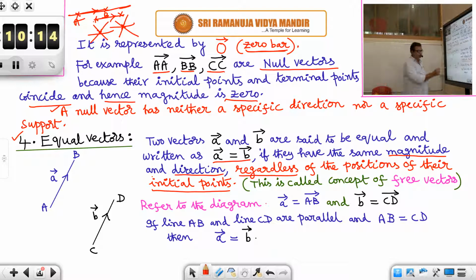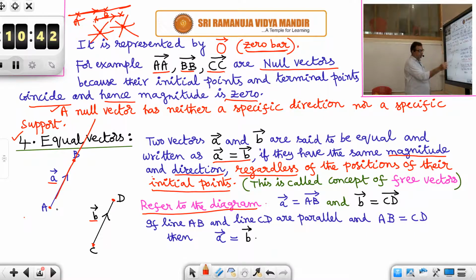For example, in this diagram, please refer to the diagram. AB bar is a vector represented by small a bar. A is the initial point and B is the terminal point. CD bar is another vector. It is represented by small b bar. C is the initial point and D is the terminal point. And suppose these supports are parallel.